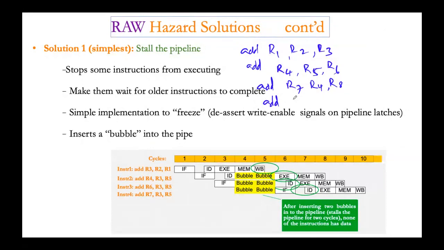You will add R9, R10, R11. So for these instructions, can you find out in how many cycles these 4 instructions will execute?